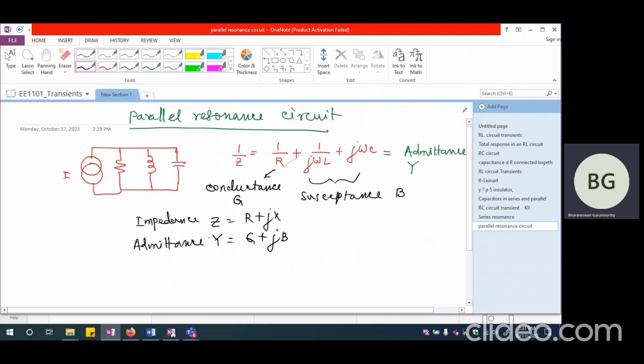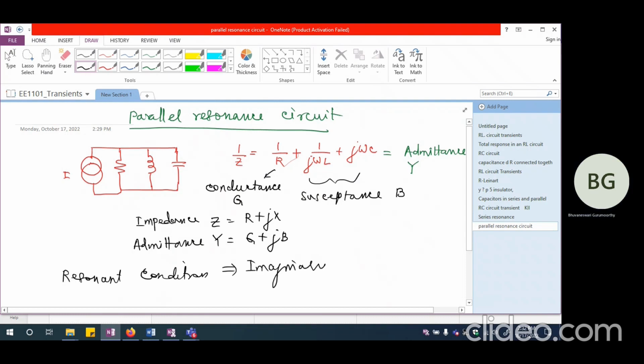So if we look at the resonant condition in this particular case, under resonant condition, the imaginary part of admittance vanishes. That is going to be equal to 0.